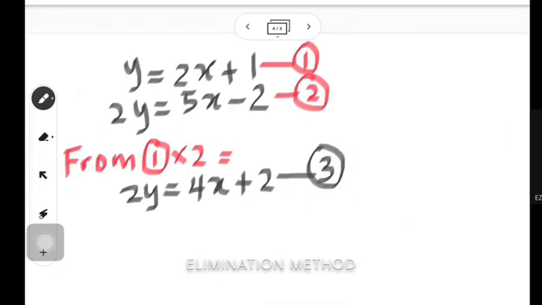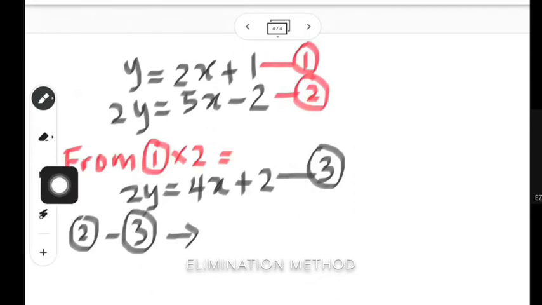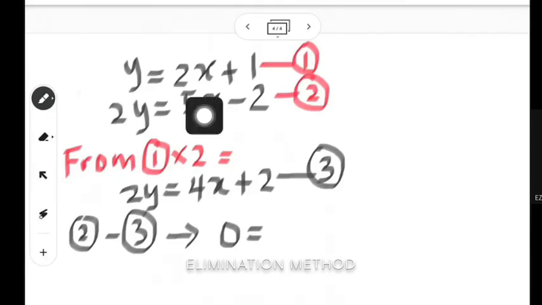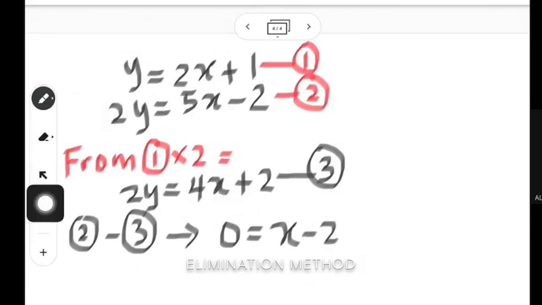Okay, then you write down equation 2 minus equation 3. So what do you get? So 2y minus 2y is 0 equals to 5x minus 4x is 1x. Tinggal x saja. Negative 2 minus 2 jadi negative 2 minus 2.